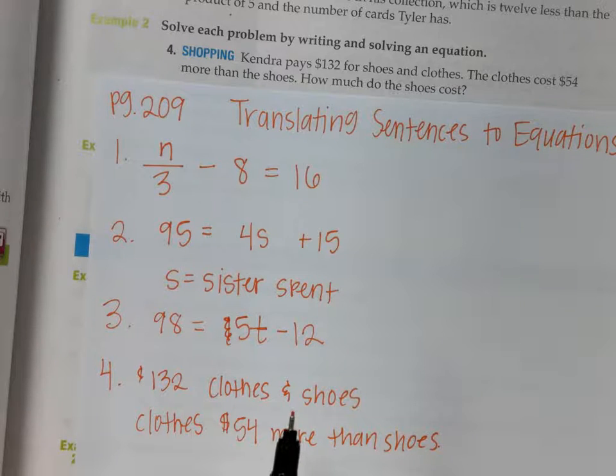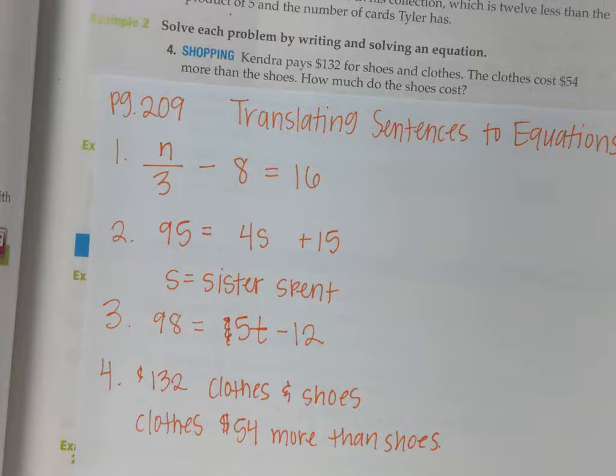So what do you think, Ethan? Would it be 2 times the variable plus 54? It's going to be 2 times a variable because we're looking at the cost of the clothes and the cost of the shoes. We don't know how much either one of those cost. So that's our variable. So we've got x and x. Okay. But we've got 2 of them. So that's why it's going to be 2x or 2 whatever variable we choose to let that be. It can be 2x because we know that the clothes are $54 more than that.